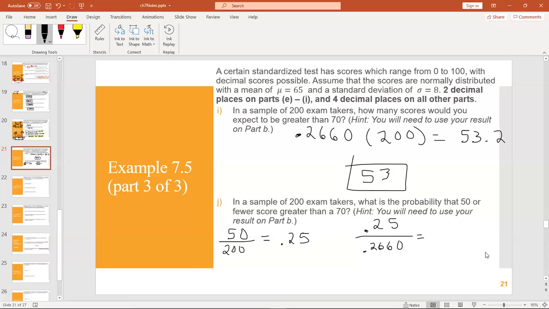So that's 0.94. So there's basically a 94% chance that you'll get 50 or fewer students. So that's pretty likely. The actual number you're expecting is 53, so to get 50 or below is pretty likely for that.